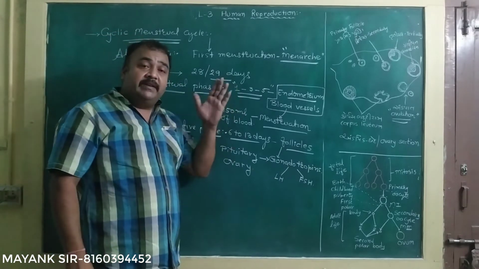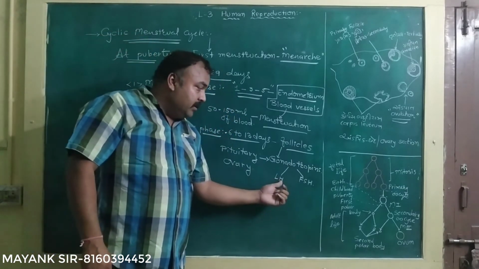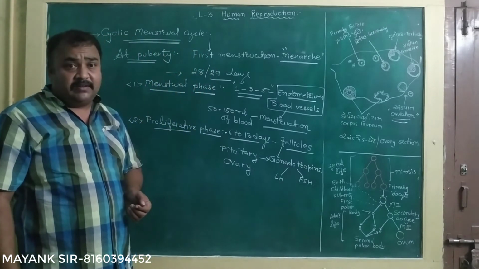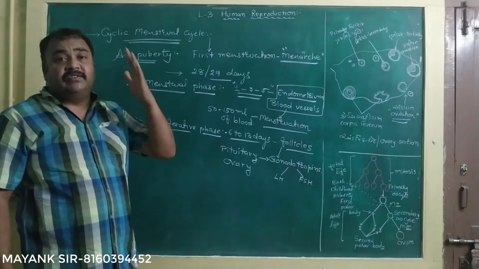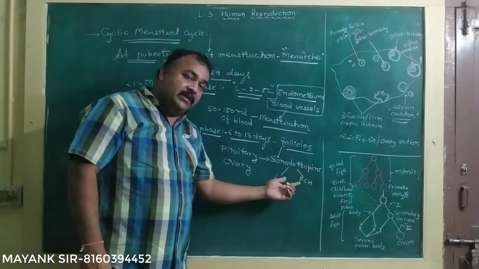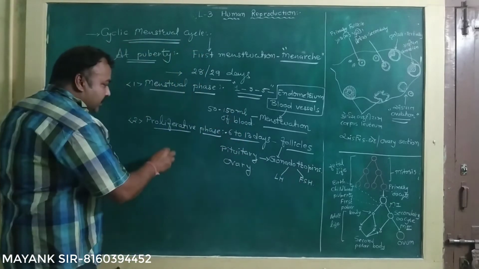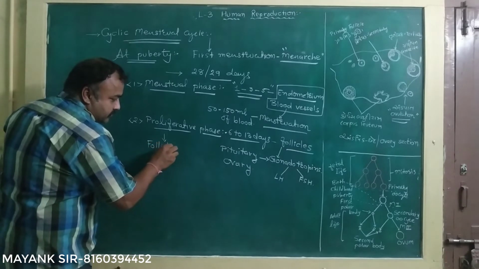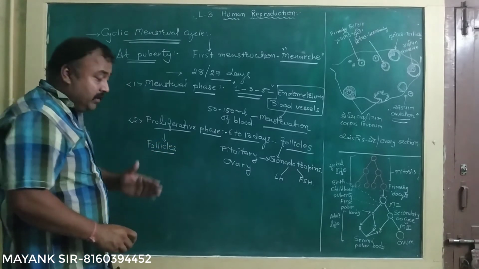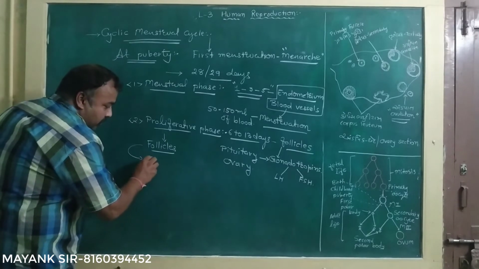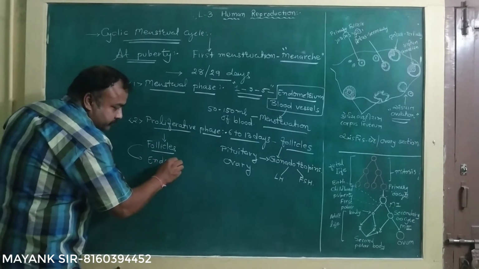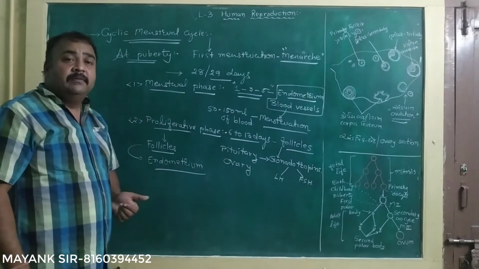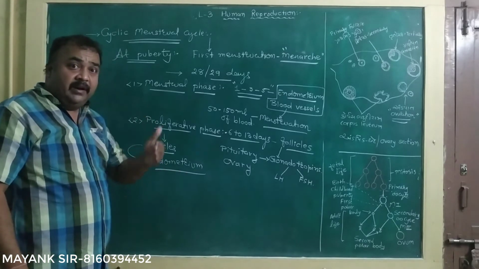In the mid of the menstrual cycle, the secretion of LH and FSH becomes maximum, and so it results in the development of follicles. Along with it, the endometrium also proliferates and starts to become thicker.